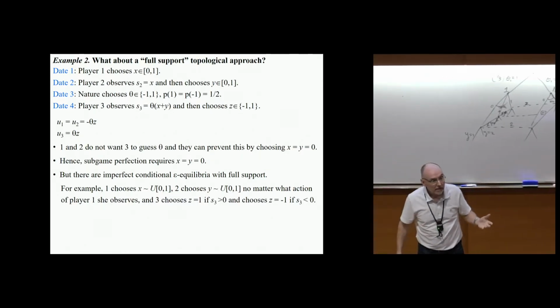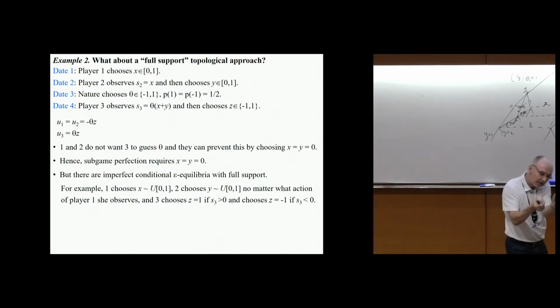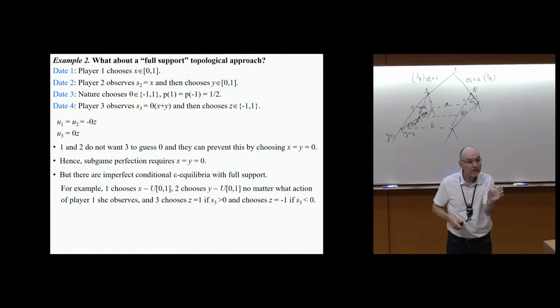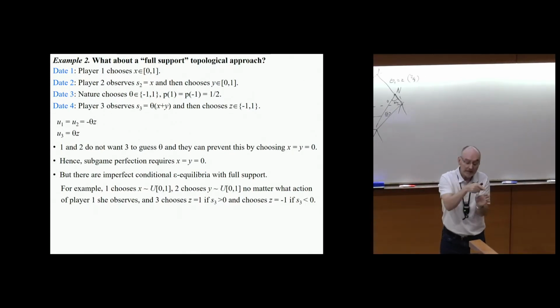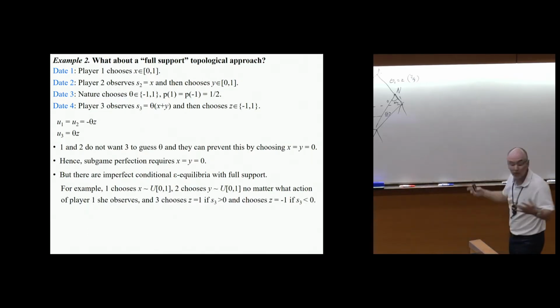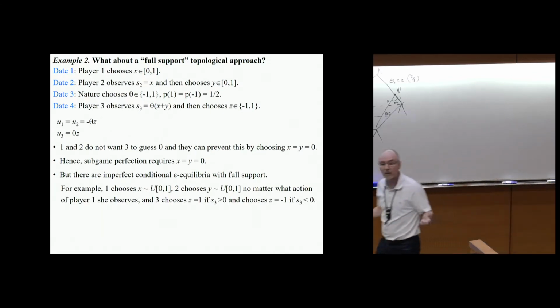Yes, you are, because conditional on every open set of signals for you, the signal 0 has probability 0. So my x equals 0 has probability 0, and with probability 1 conditional on any such set my x was positive, and player 3 is going to figure out the state. So you might as well choose uniformly.